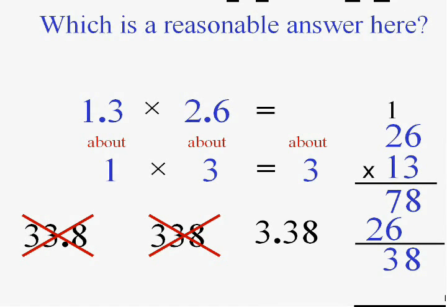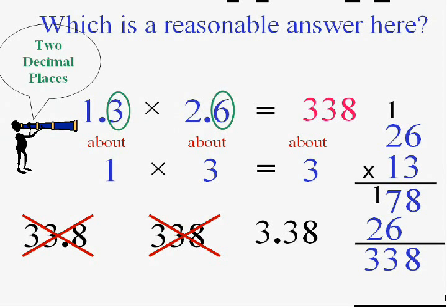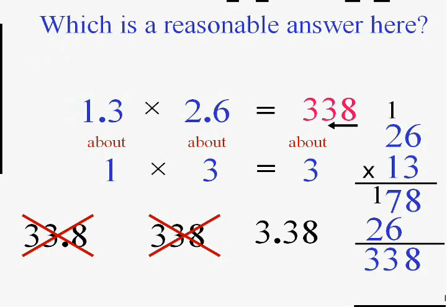Carry the 1. And then we take that number, and this is what people screw up. We count the number of decimal digits in the original problem, there's 2, and move over from the right that many places. But you knew that. The answer is 3.38, or 3 and 38 hundredths.